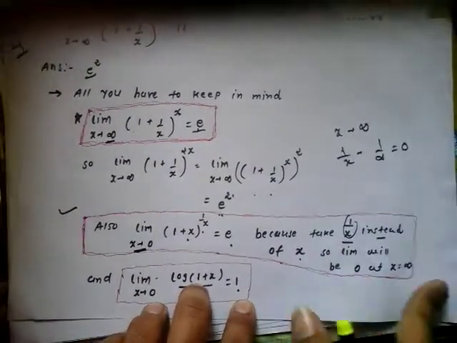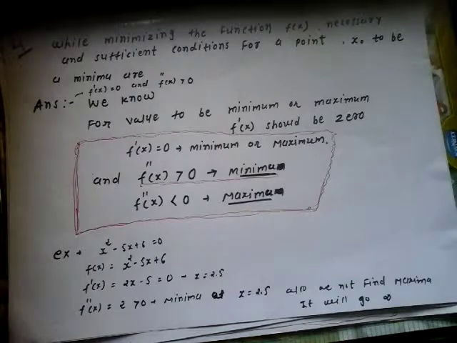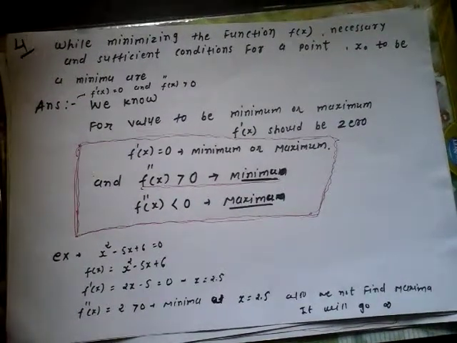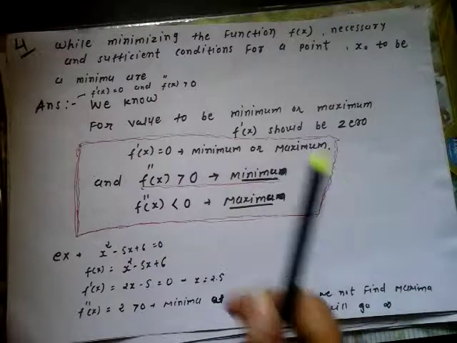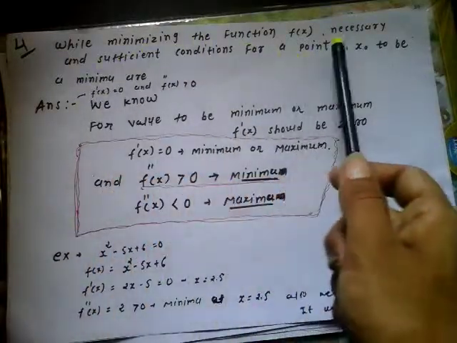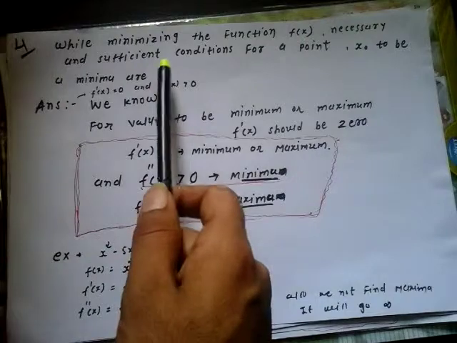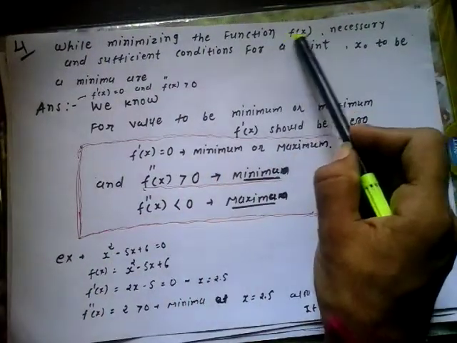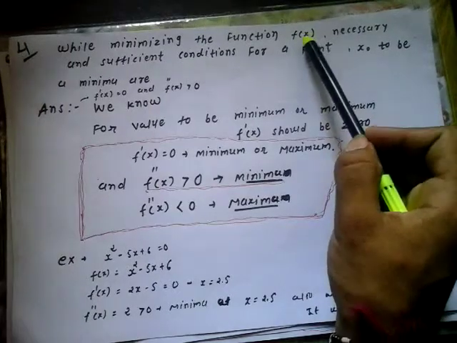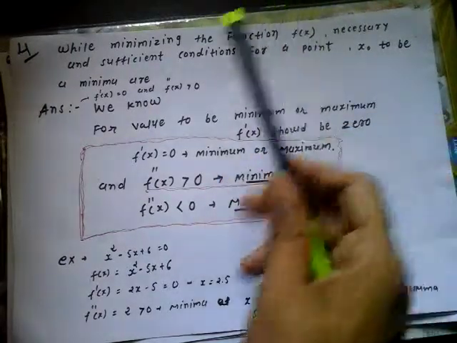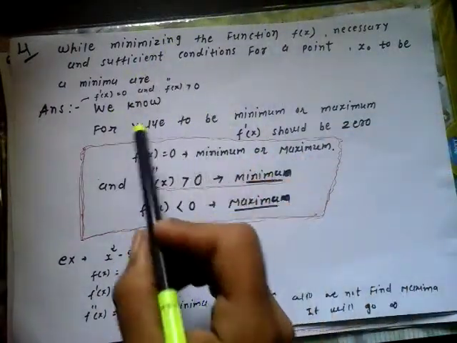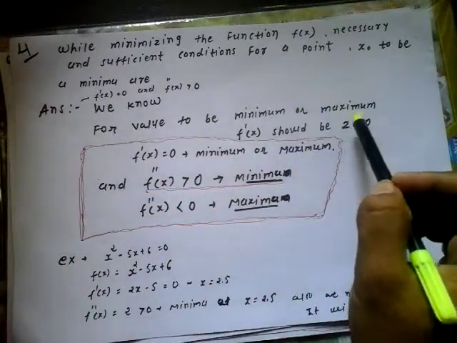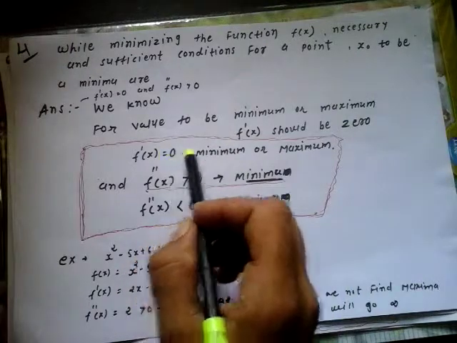Now the last example is: while minimizing the function f of x, what is the necessary and sufficient condition for the point x0 to be a minima? Here f of x is given, and for any function to have a minimum or maximum value, its differential should be 0.